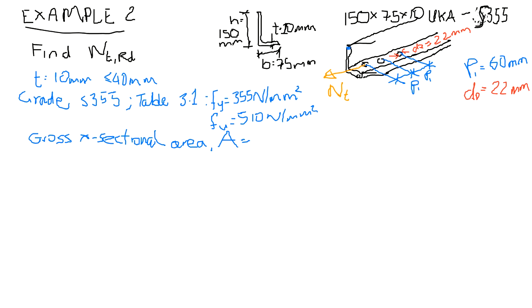It's 150 high, 10 millimeters wide, so we can multiply 150 by 10 to get that area there, and then 75 minus the 10, so 65 here, by 10 to get that area, and that would give us the overall area.